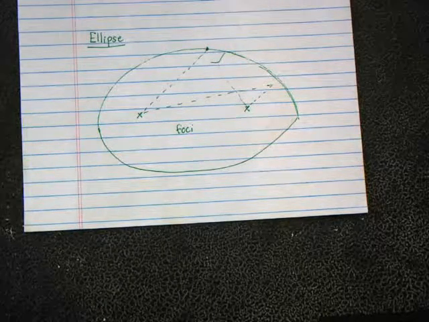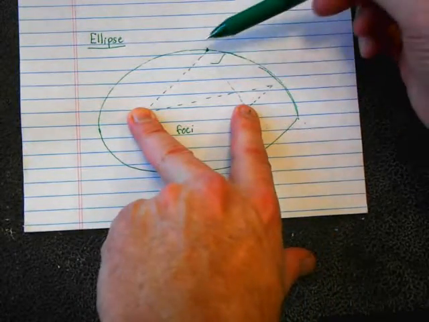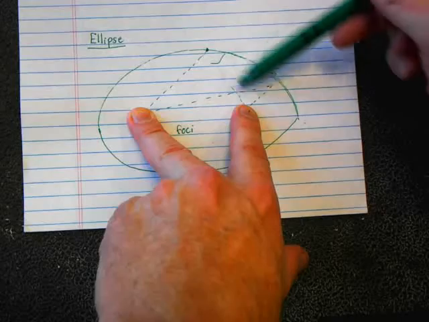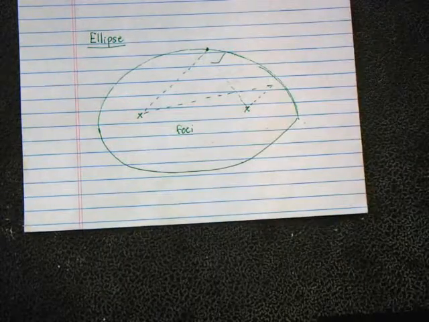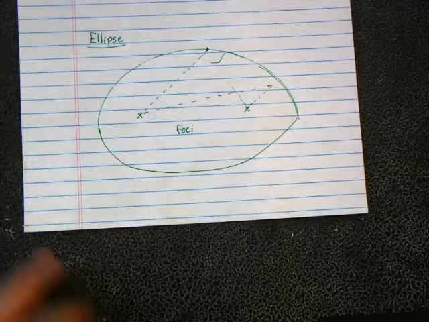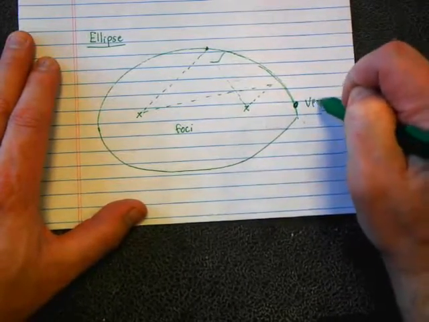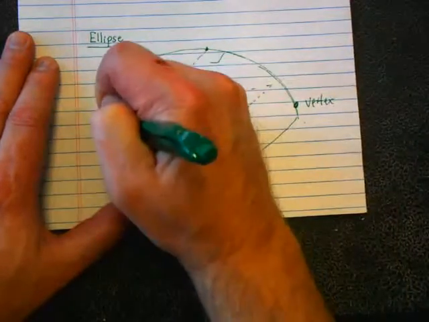The definition of an ellipse is you have 2 foci. If you take any point, the sum of the distances from the point to the foci is always the same. All right, and then we already called, this is called a vertex, as is this point over here.